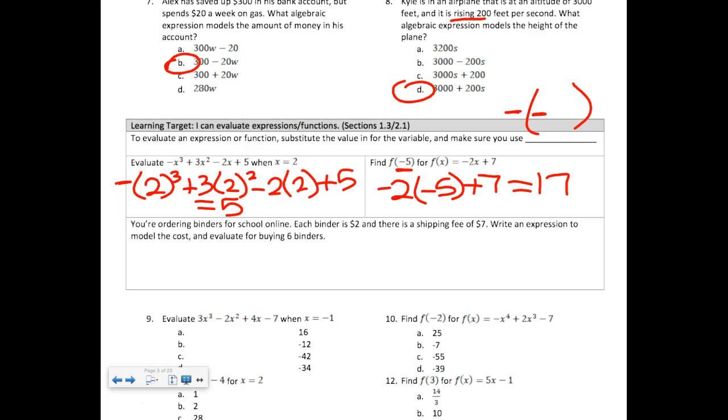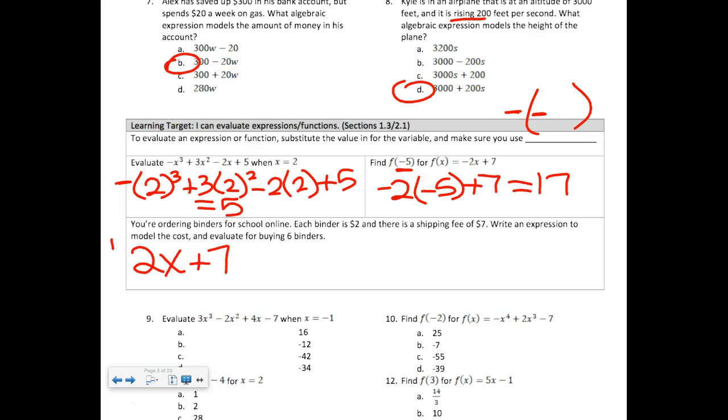All right. Our next one is kind of taking what we did up here. We're going to write an equation and we're going to plug something in. So it says you're ordering binders for school online. Each binder is $2 and there's a shipping fee, oh my gosh, of $7. That's a bit high. And we're going to write an expression. So I'm going to say 2x because we don't know how many binders we're buying. And we know we have to pay $7.